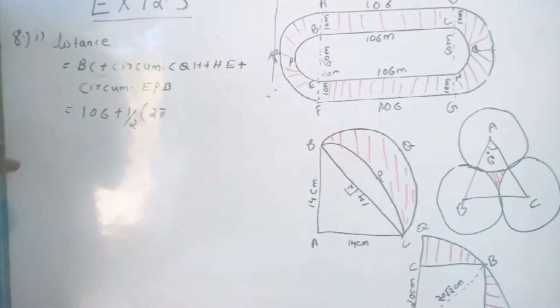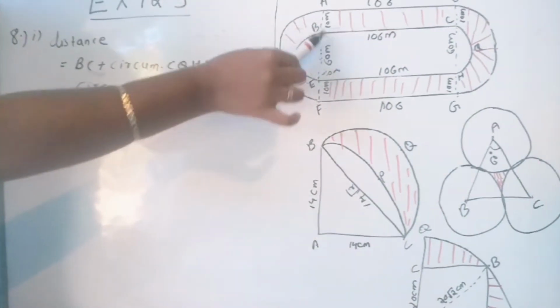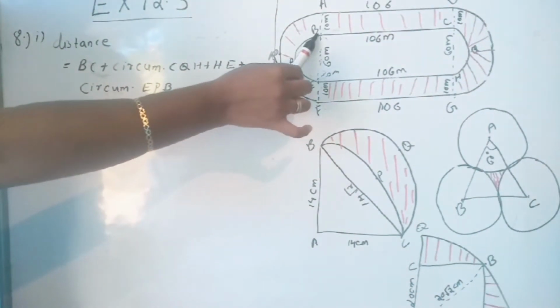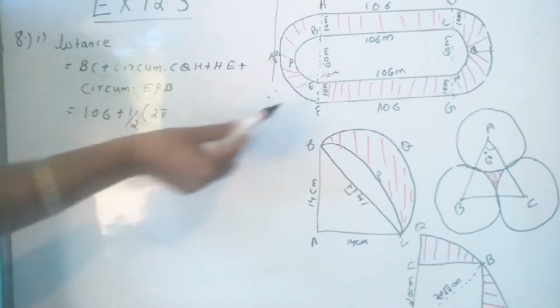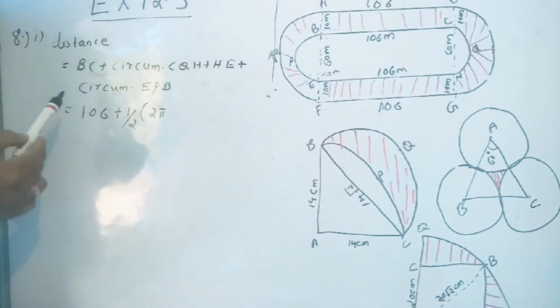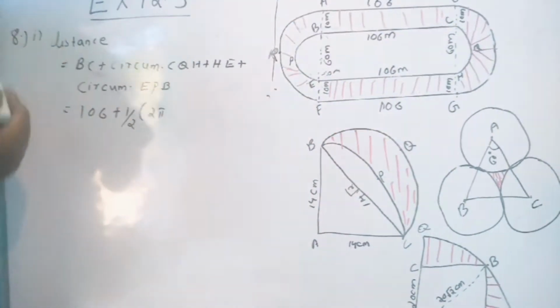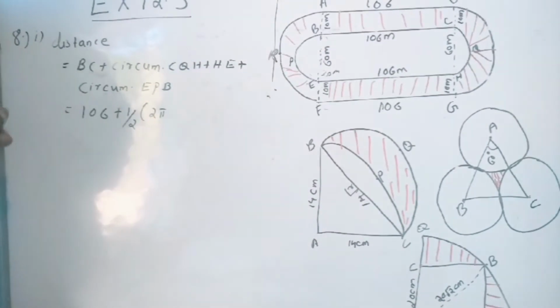They are the diameters of the semicircles. BE is the diameter of the semicircle EPB, and CH is the diameter of the semicircle CQH. That length is 60 meter. Therefore, the radius of these semicircles is equal to 30 meter.